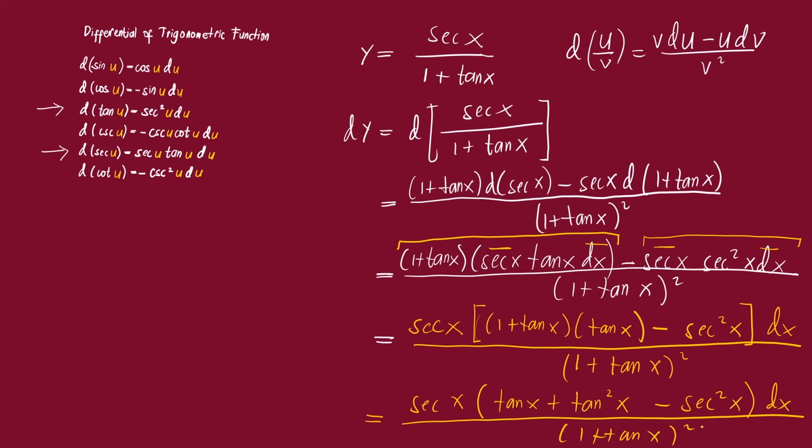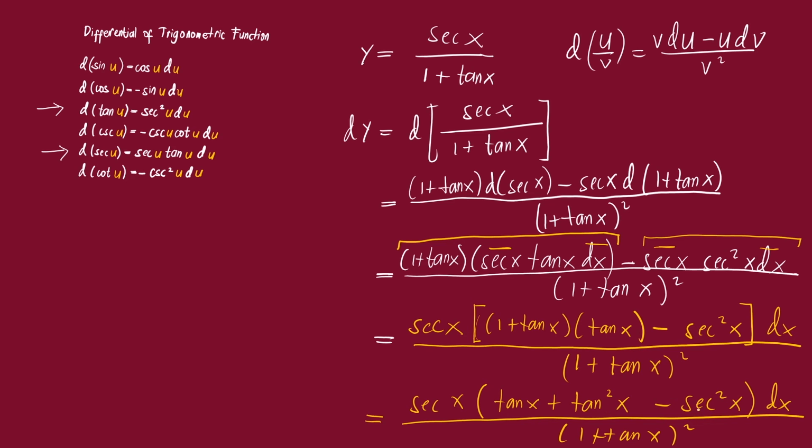Now, what can we do? Oh, look here. We have tangent squared x minus secant squared x. Now we can use trigonometric identities here.